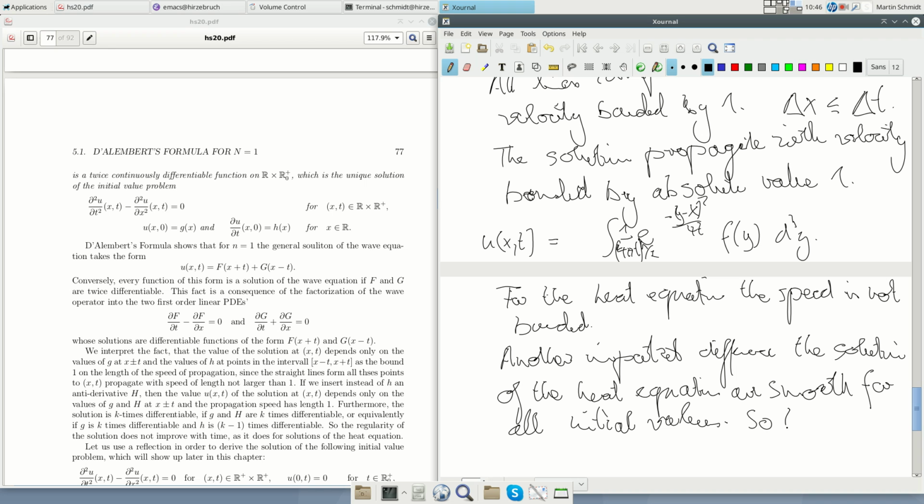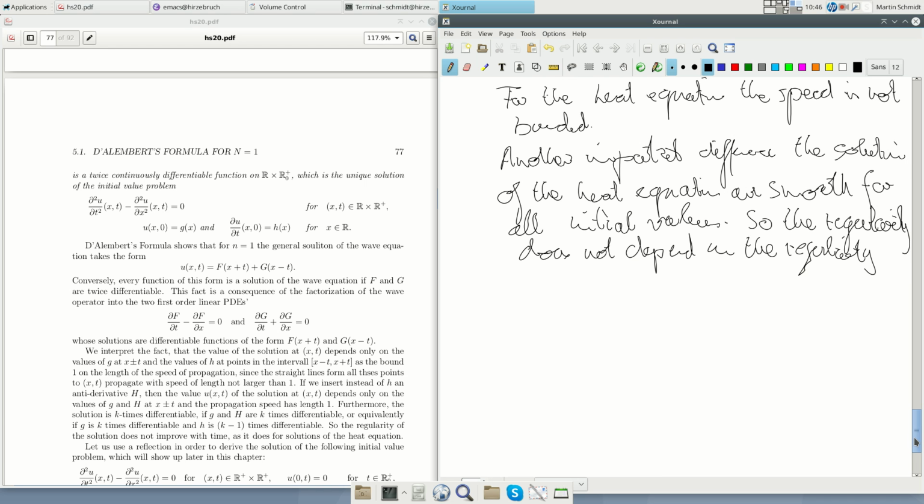Yeah, so the regularity does not depend on the regularity of the initial value, as long as it exists.